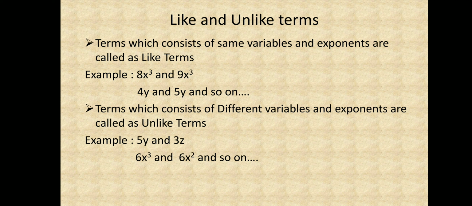The next one is 6x cube and 6x square. Why is this an unlike term? It is because unlike terms also consist of different exponents. The variables here are the same, but our exponents are different, right? So this comes under the unlike term category. So now we have differentiated between like and unlike terms.